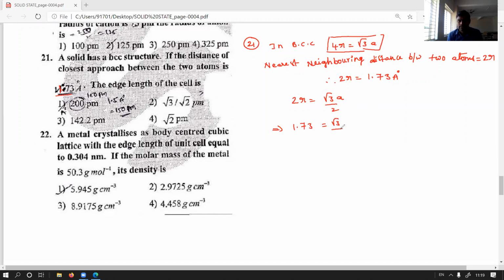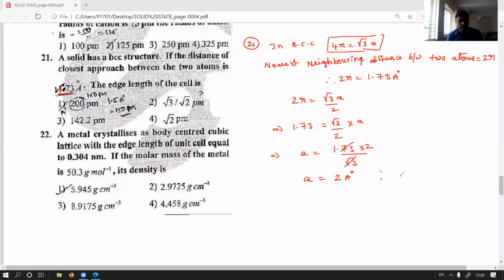Then 1.73 is equal to root 3 by 2 into A. And root 3 value, we know that, is 1.732, so A is equal to 1.73 into 2 by root 3. This root 3 is nothing but 1.73, it will cancel. Then A is equal to 2 angstrom units.